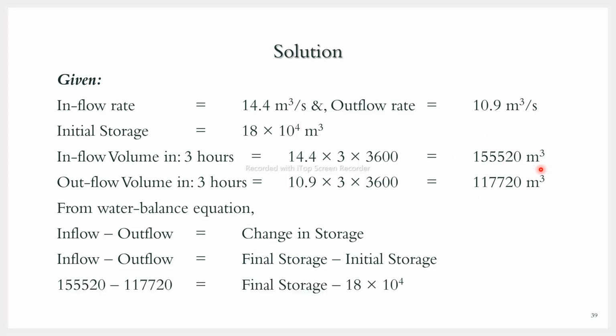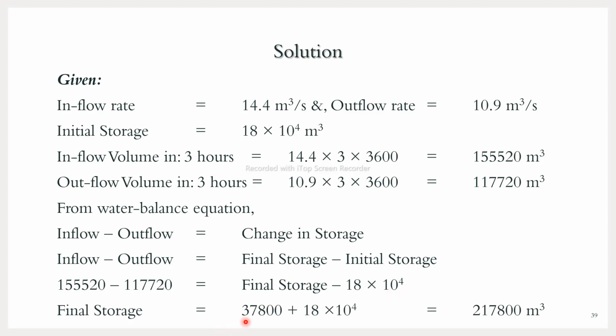So the inflow term and outflow term are put here, equals final storage minus initial storage, where the initial storage was given in the problem as 18 into 10 to the power 4 meter cube.